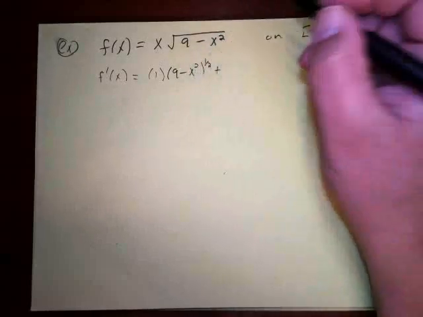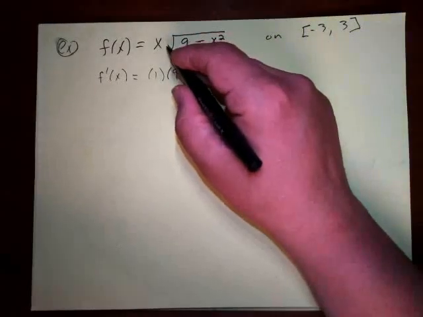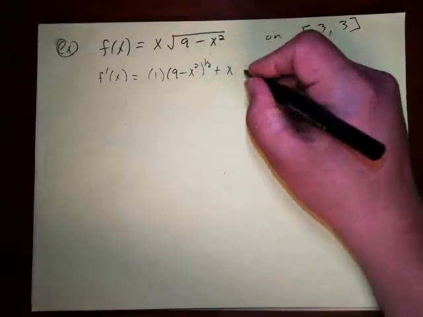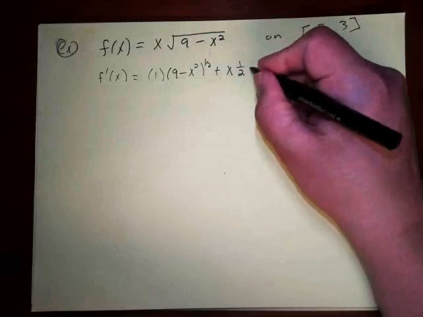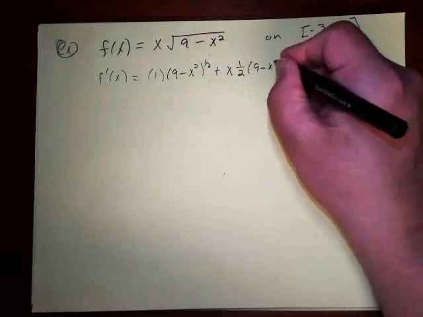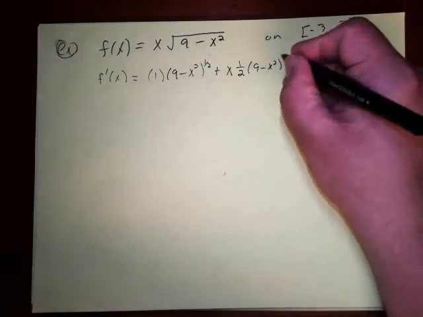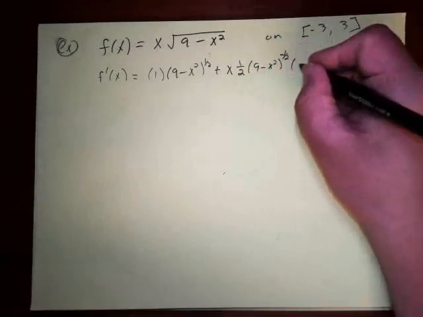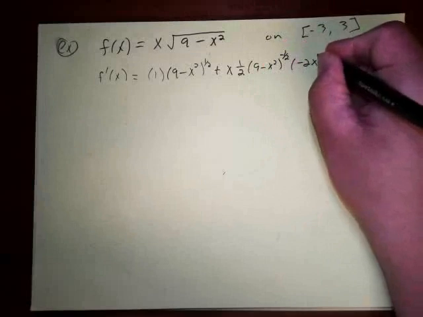And then this is plus the first function, which is just x, times the derivative of the second function. I have to use the chain rule: 1/2 times the inside function to the -1/2, times the derivative of the inside function, which is -2x.